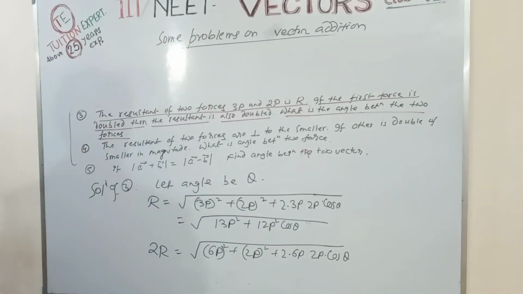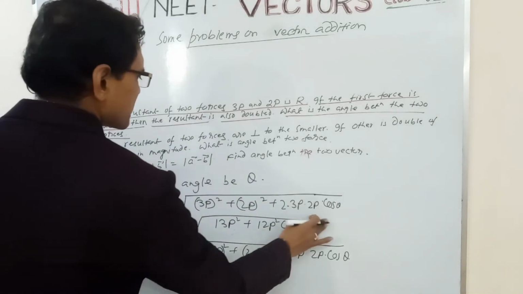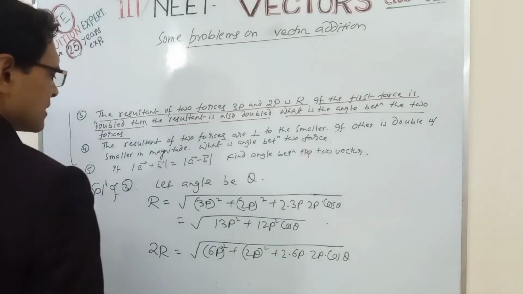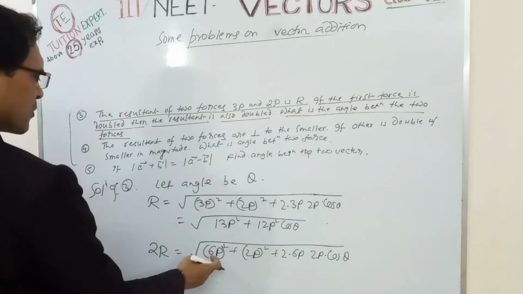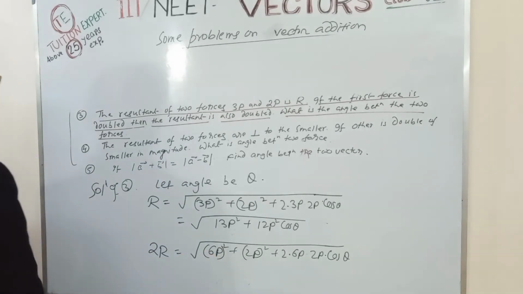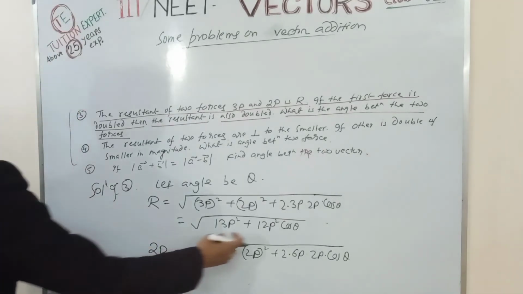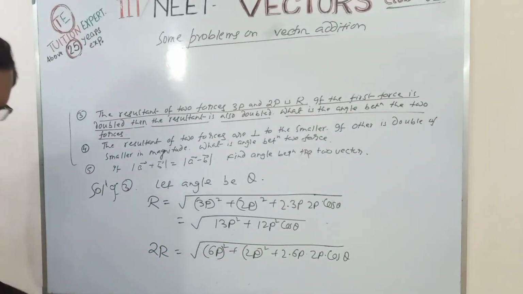The angle remains the same. Just the first force is doubled, so 3p becomes 6p and the resultant becomes 2R. Now from this we calculate the angle theta.